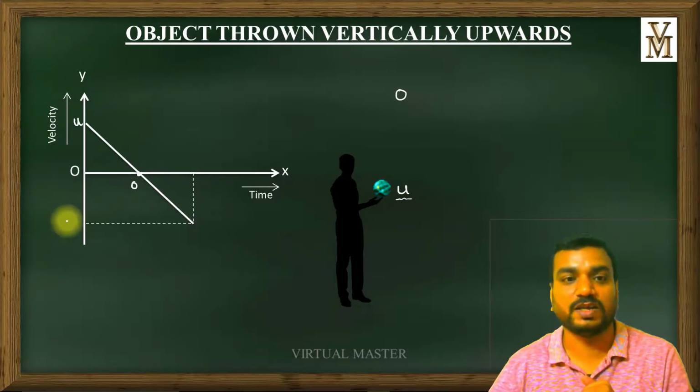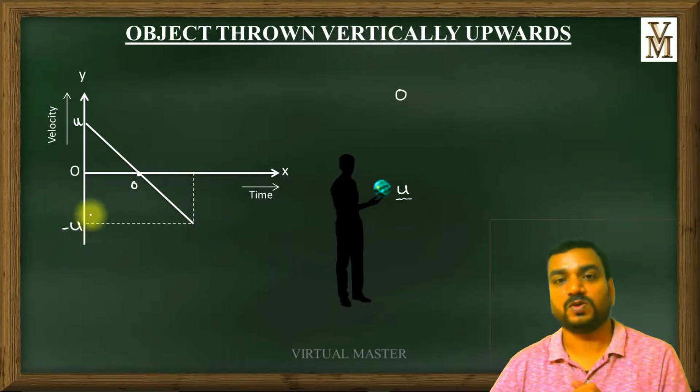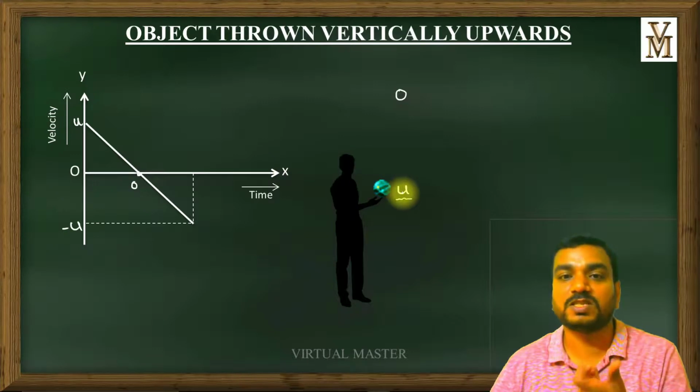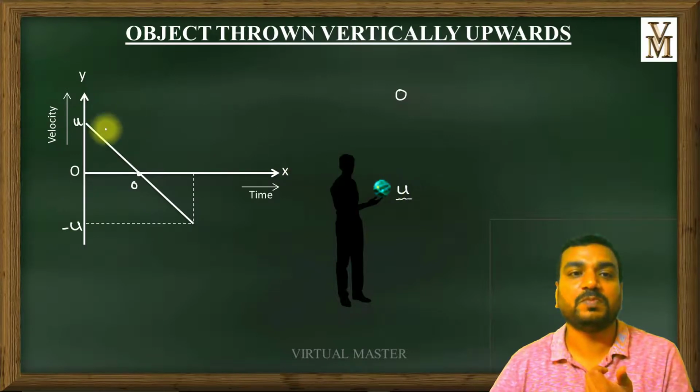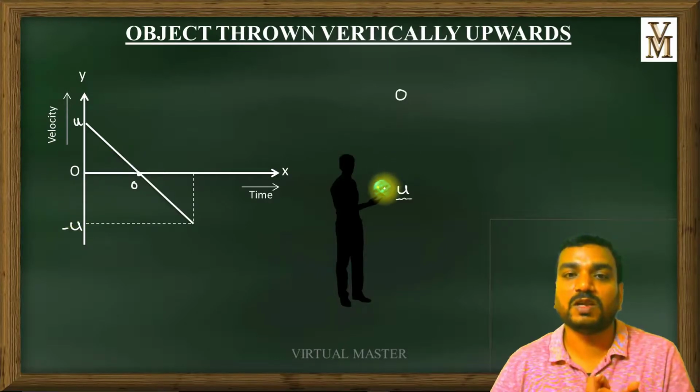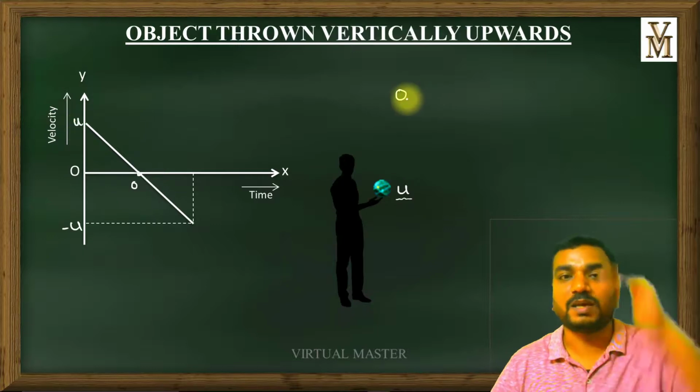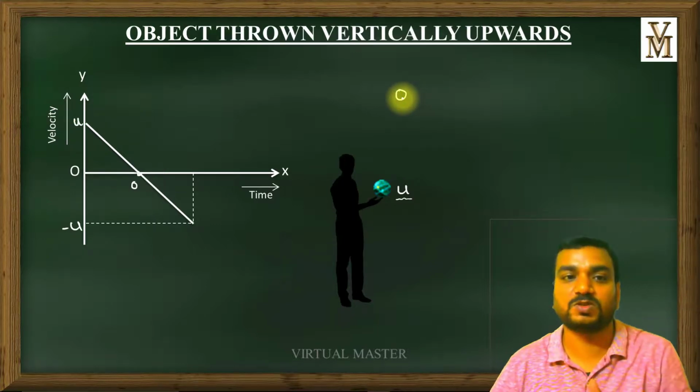I will write this point as minus u. At the original position, the velocity will be the same, right? Here plus u and minus u indicate the direction. Initially, the ball was going upwards, so I have written positive u. While coming back, the direction is opposite, so I have written minus u.